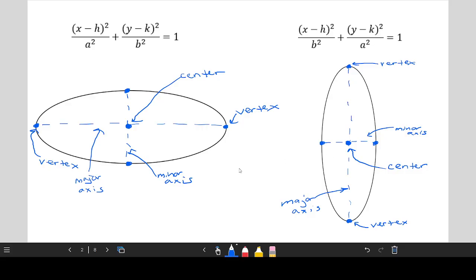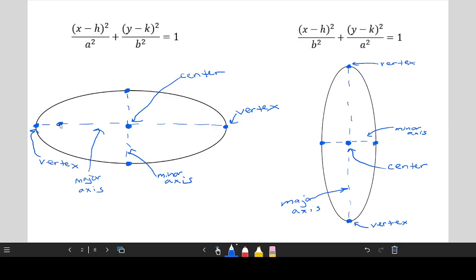And then a couple other key points of interest. Each of these is going to have a focus between the center and the vertex on the major axis, and we're going to have a focus at each end.